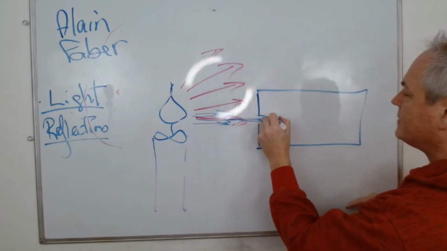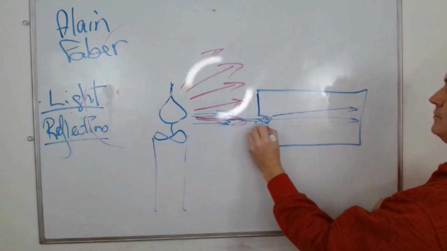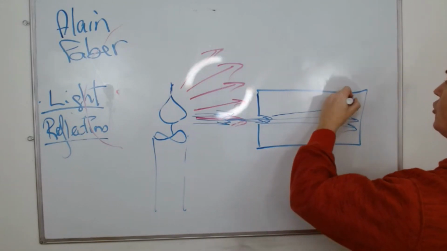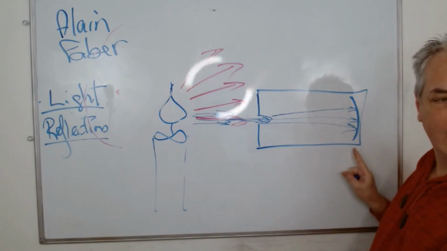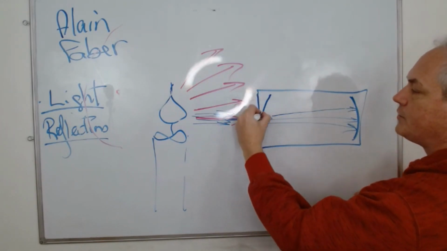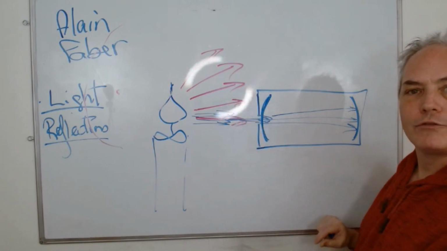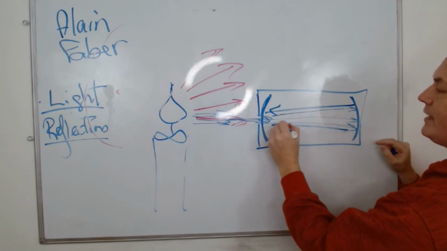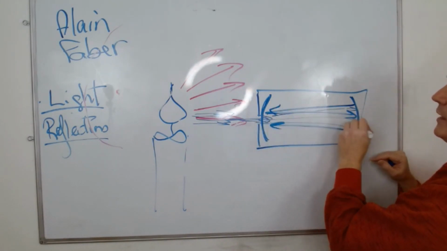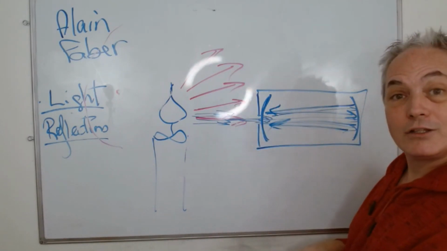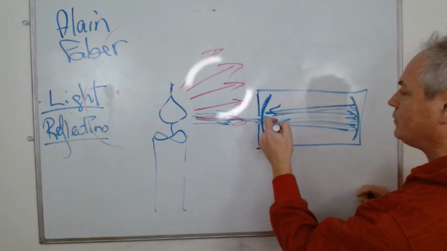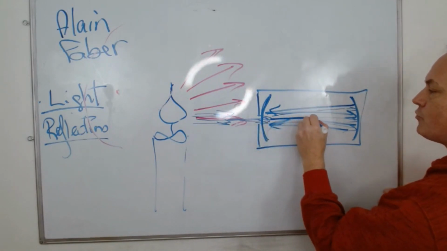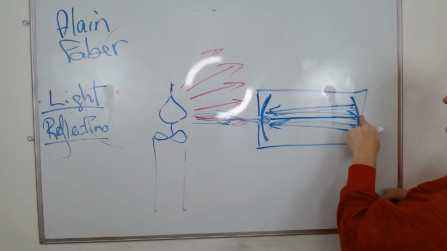But what is interesting is as it goes in the box, on one end here you have a curved mirror. On the other end, you also have a curved mirror. So what happens is that all of these will be reflected. And then what happens is that you have lights that are being reflected over and over again, up to a point where it will all focus in one part right here.